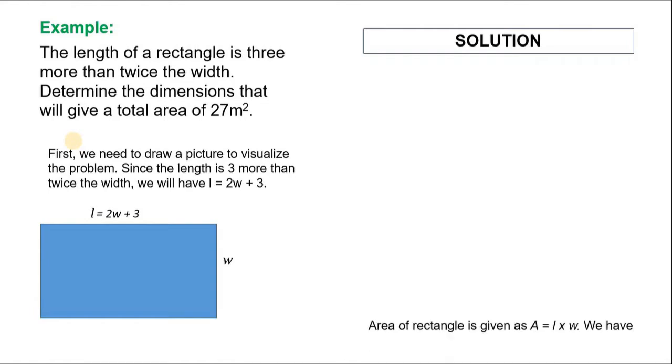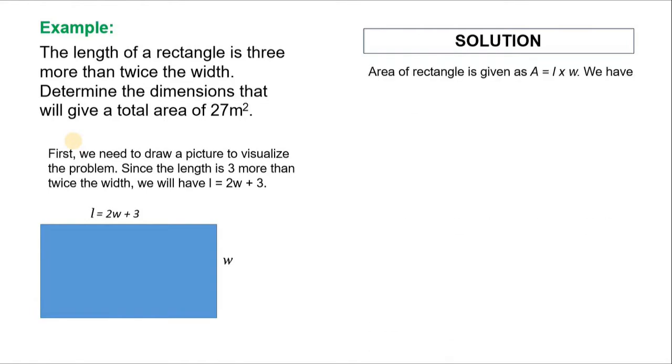And for our solution, the area of rectangle is given as area is equal to length times width, and we have area, our length is 2W plus 3 times our width, which is W, and A is equal to, so we are going to multiply W to each term. So W times 2W, I have 2W square, and W times 3, I have 3W. So I have now 27 is equal to 2W square plus 3W.